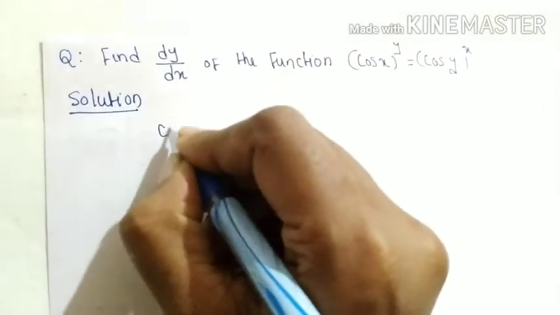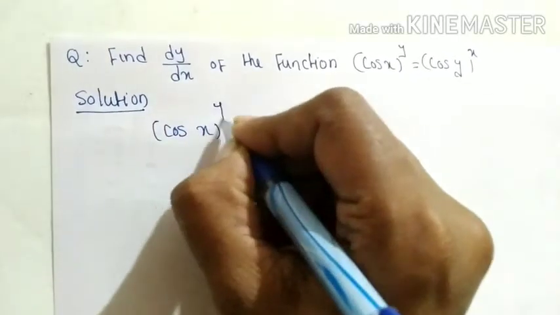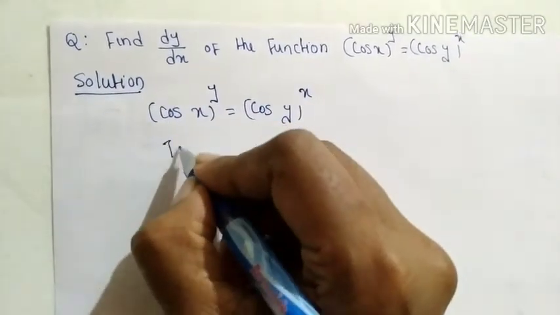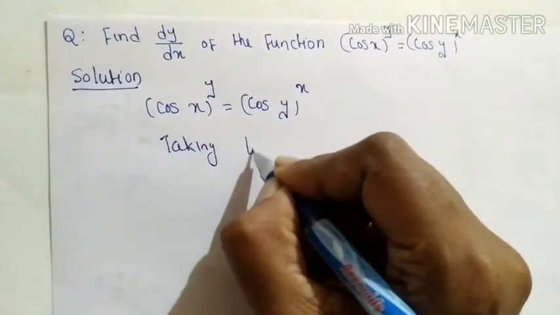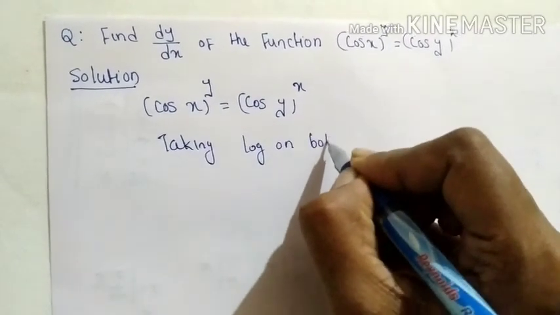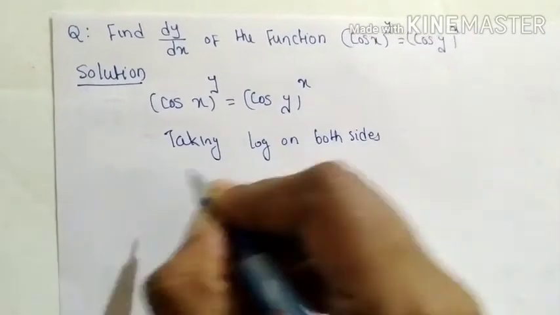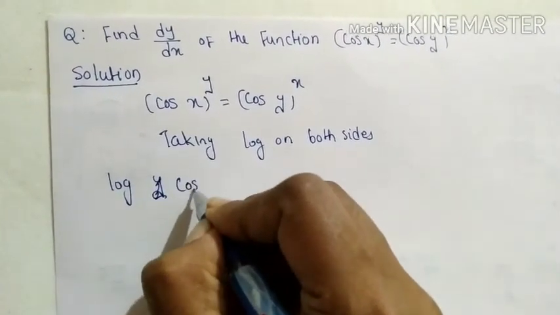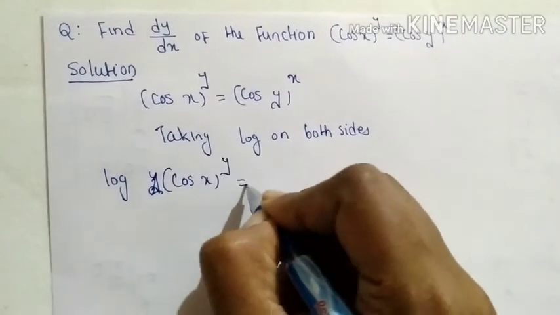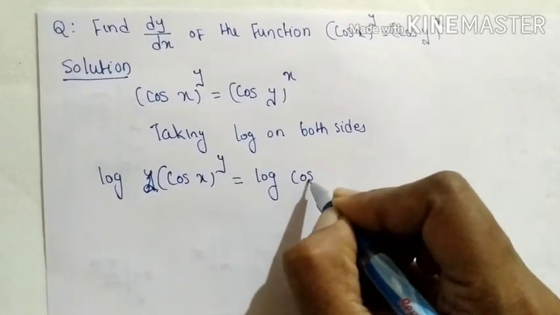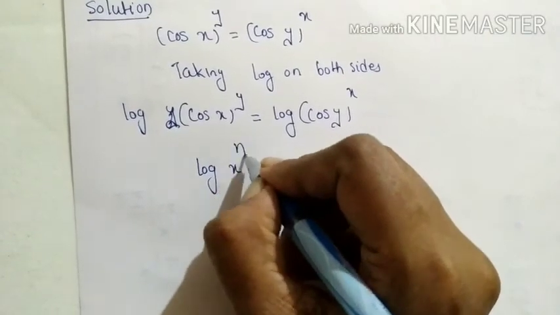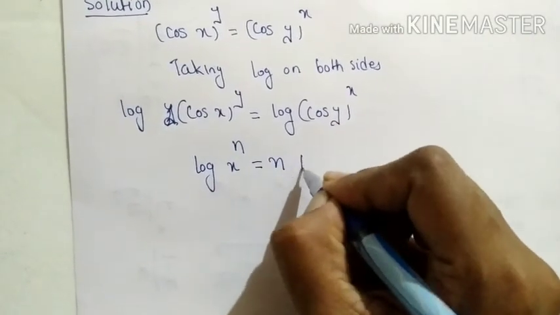Given that the function (cos x) whole raised to y equal to (cos y) whole raised to x, taking log on both sides, we get log of (cos x) raised to y equal to log of (cos y) raised to x, and I am going to use the property of logarithm: log of x raised to n can also be written as n log x.